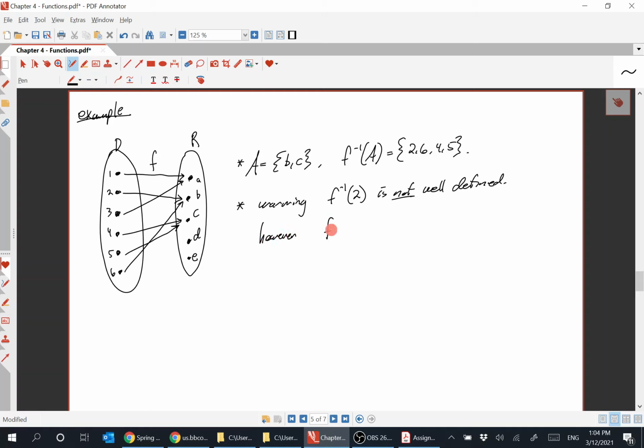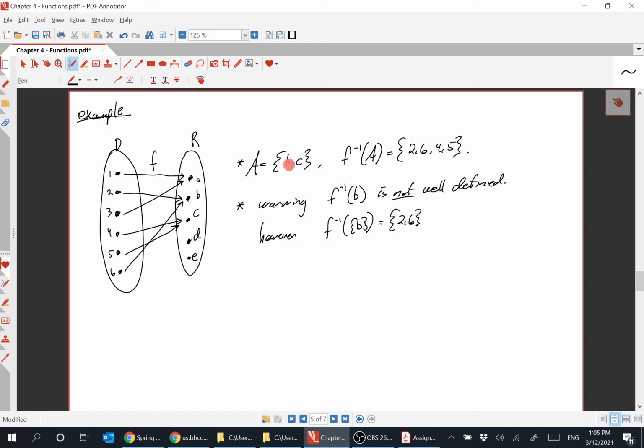If you want to talk about the preimage of a single element, it's this: the preimage of the set containing b is 2 and 6.